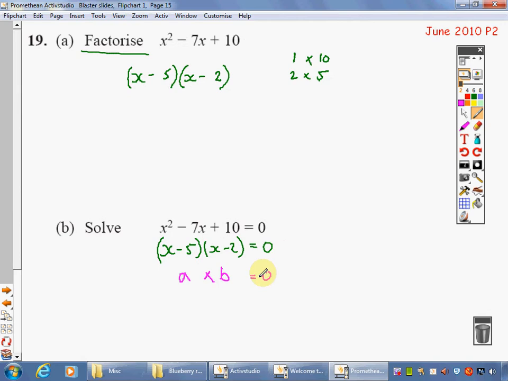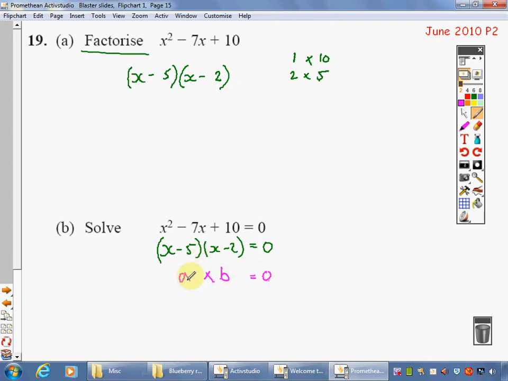If A was 0, whatever B was, the answer would be 0, because 0 times anything will give me 0. Similarly, anything times 0 will also give me 0. So, whenever these two numbers are 0, I will get an answer of 0. They don't both have to be 0, just one of them will be 0, and I'll get 0.